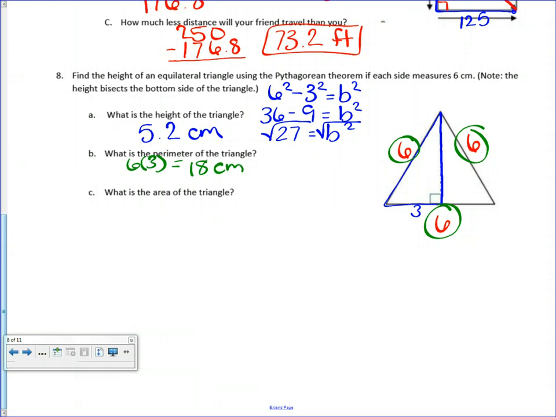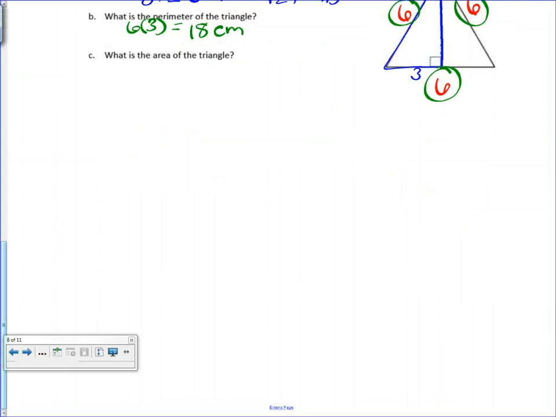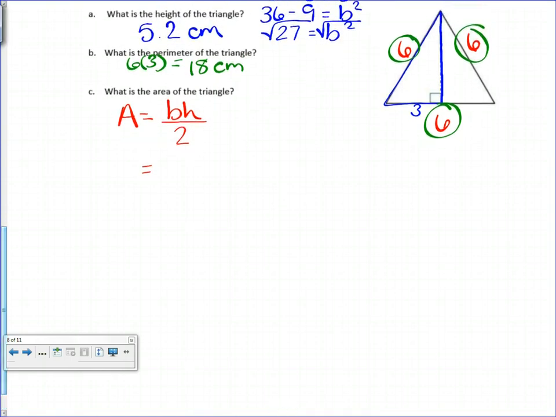And then lastly, we have the area of the triangle. So the formula for the area of the triangle, area equals base times height divided by 2. So the base of my triangle is this full 6 centimeters. So it's going to be 6 times the height. We already found the height is 5.2.